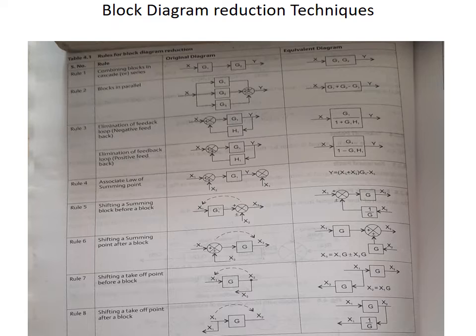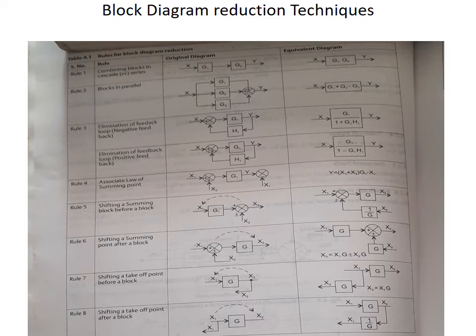After the summing point there is no G value added, but if you move the summing point before G1, G1 is also added.